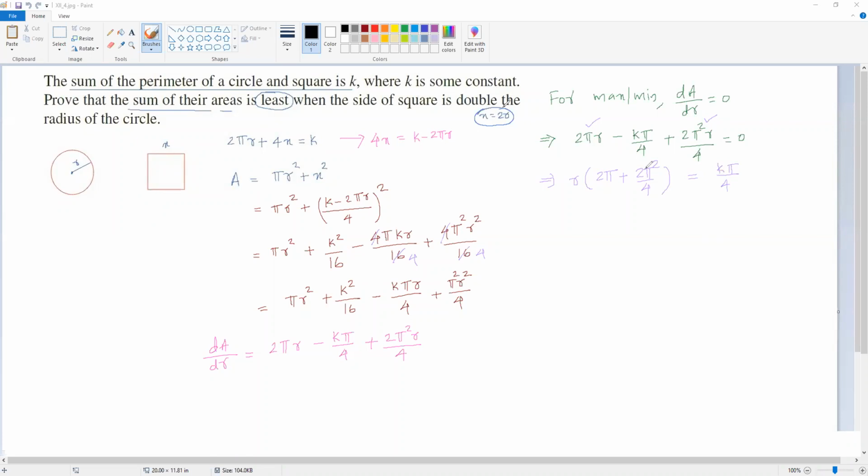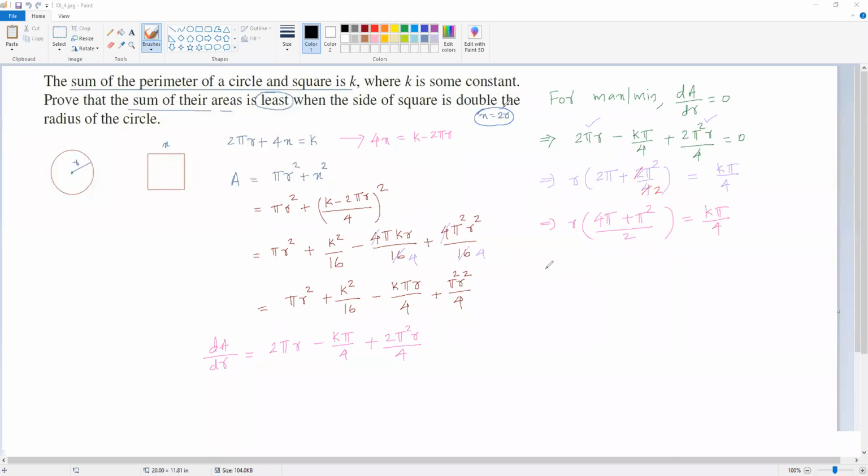So it is nothing but, pi square, ये कट हो जाएगा, pi square by 2 आएगा. So आपको मिले, that implies r into, in bracket, it is 2 into 2, 4 pi plus pi square divided by 2, which is equal to k pi by 4.